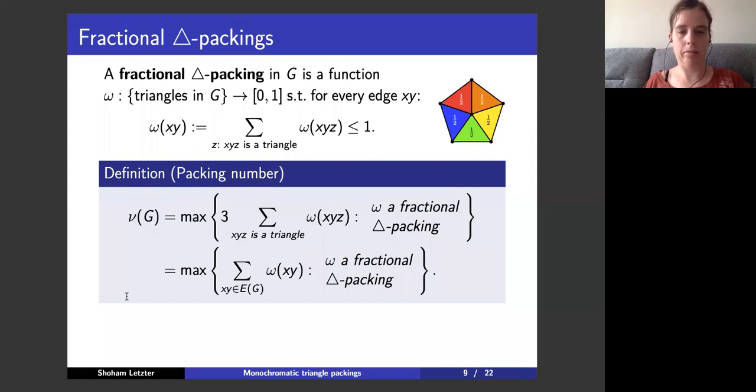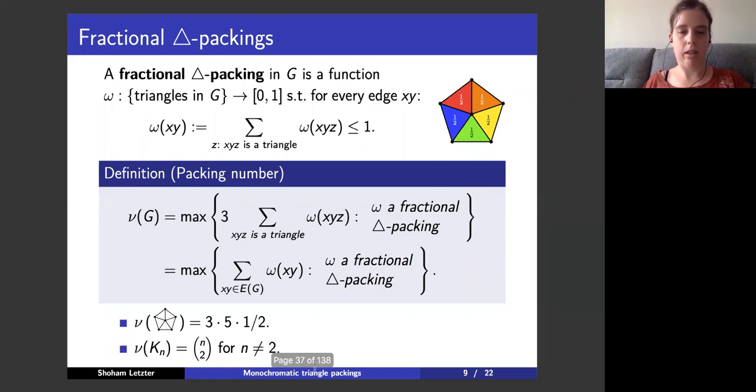Okay, and now just to see an example, you can try to convince yourself that this packing that I gave here of this 5-wheel is best possible, gives the largest sum of weights of triangles, and the exact number works out to be 3 for this 3 times 5 because there are 5 triangles times 1/2 because each triangle has weight 1/2.